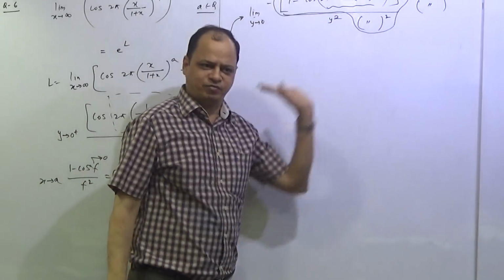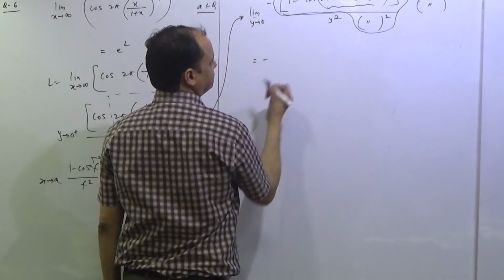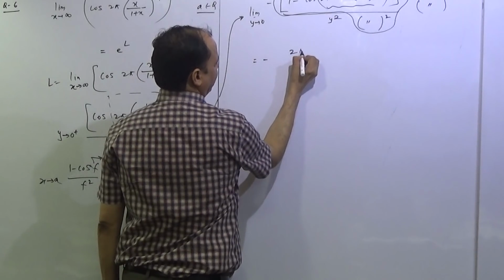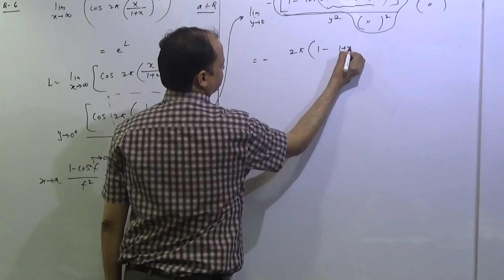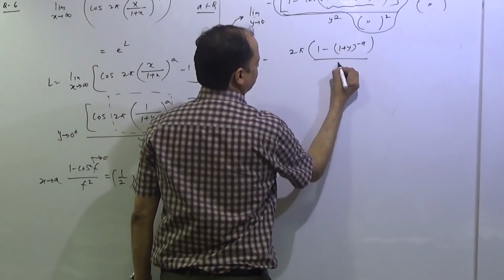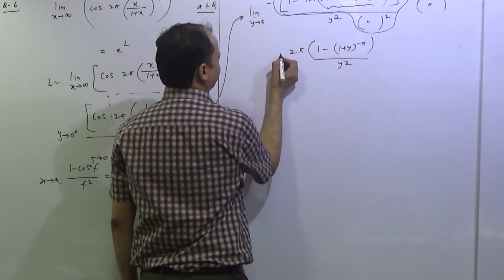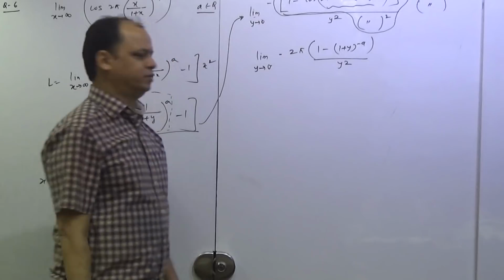And the rest of the part I have to solve. Don't neglect the negative sign. 2 pi is out. What is left? (1 minus (1 plus y) raised to power minus a) whole divided by y square, and this negative sign is here, and we get limit y tending to 0.